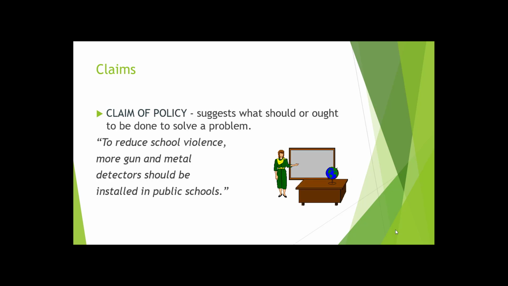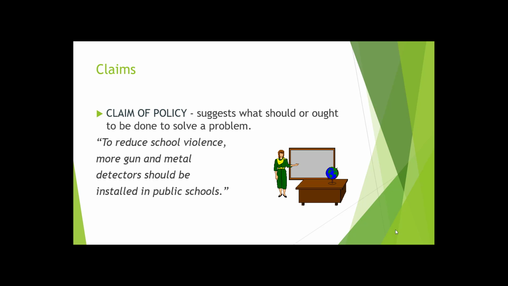Next up, claim of policy. A claim of policy suggests or argues that something should be done, that a particular solution should be implemented. So, for example, to reduce school violence, more gun and metal detectors should be installed in public schools. This is a claim that suggests a particular action, a particular policy.